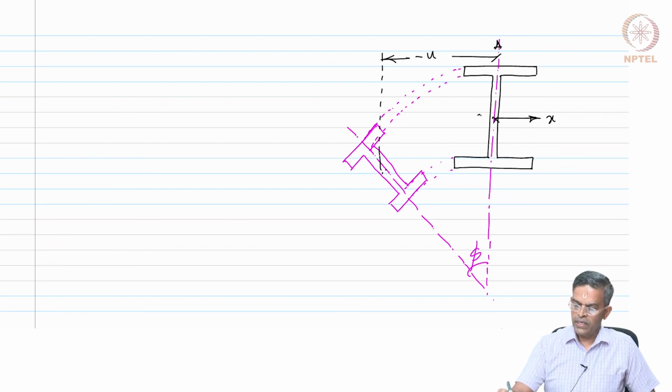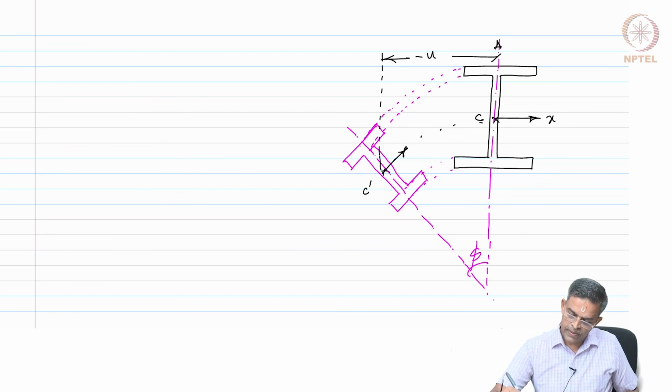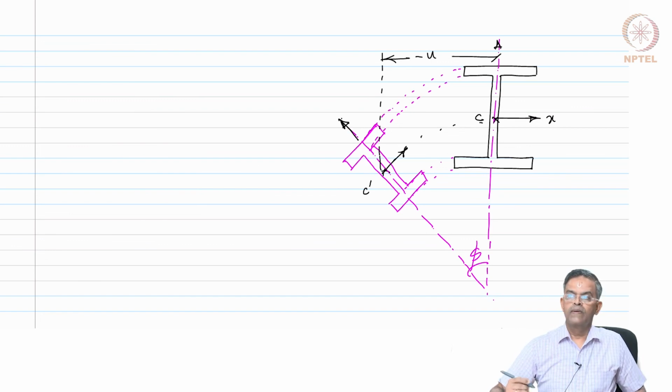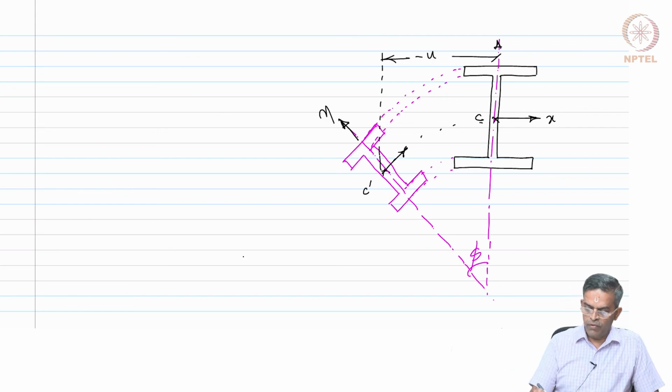The point C has shifted and rotated to the point C dash, and the axis becomes eta. This is the deformed geometry.